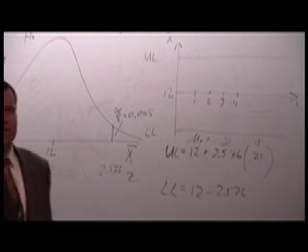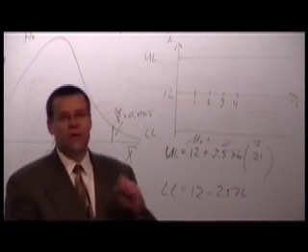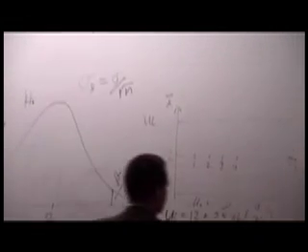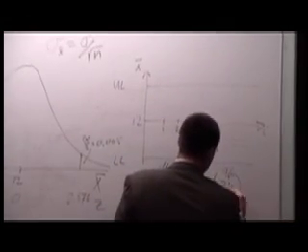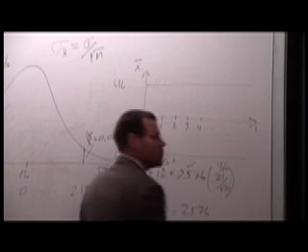Divided by the square root of n, so in addition you have sigma divided by the square root of 30, right?